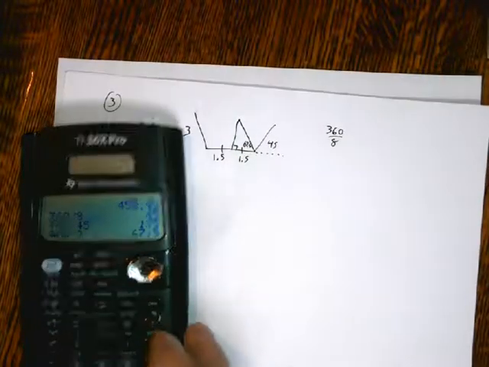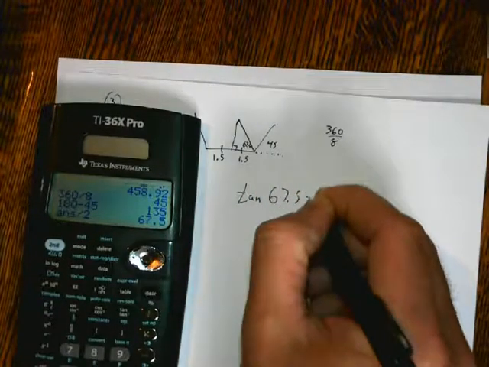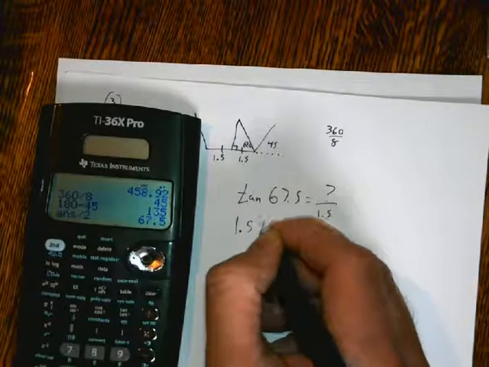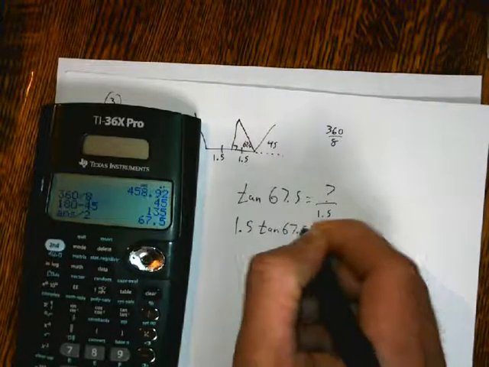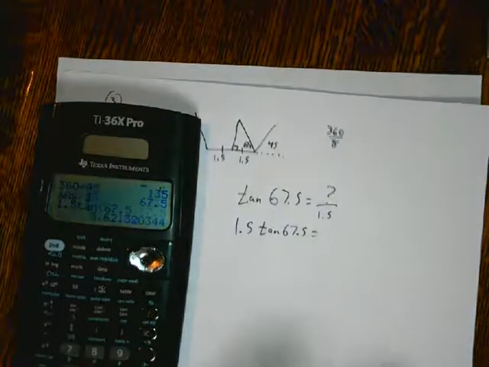Gee, I think we're using tangent again. Tangent 67.5 is something over 1.5. We get 3.62.